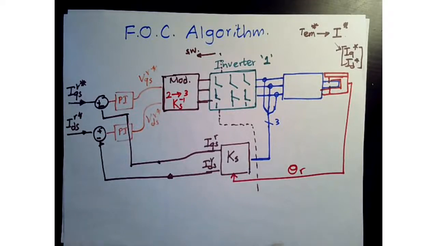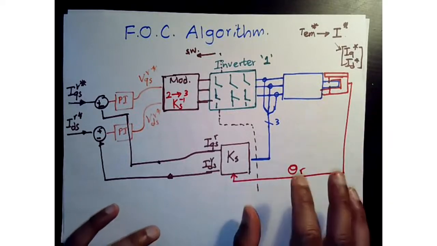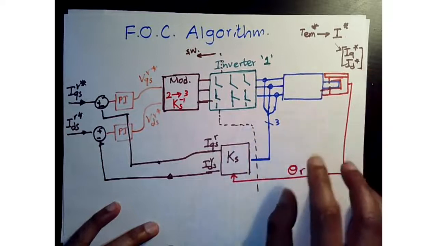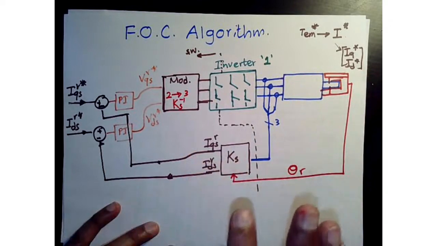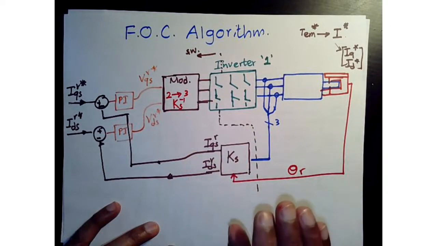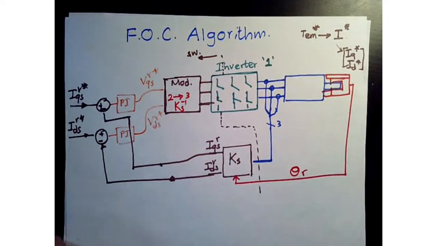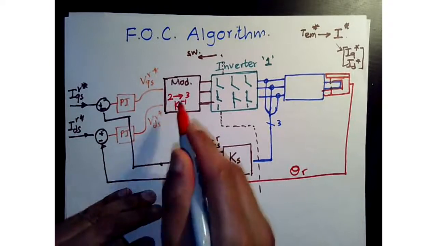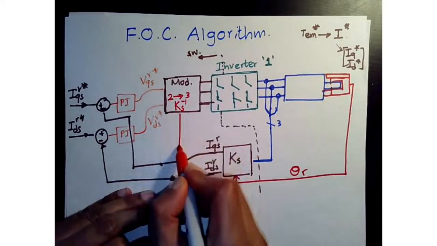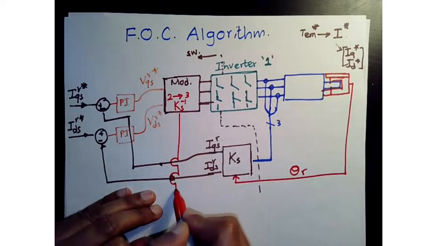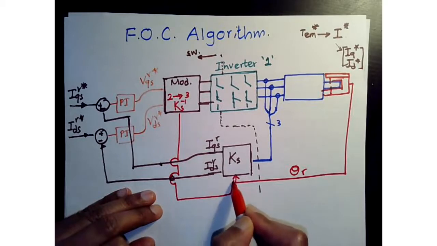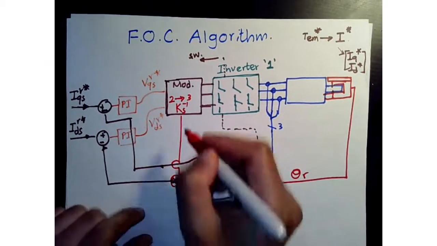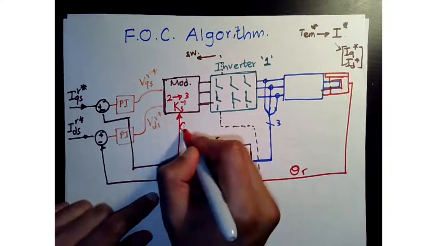Okay, so now what we have here is the basic, very simple. Not simple, I don't want to say simple. This is pretty complex. Now we are missing one more thing. In order to do this conversion, again we need our precision signal, theta r.